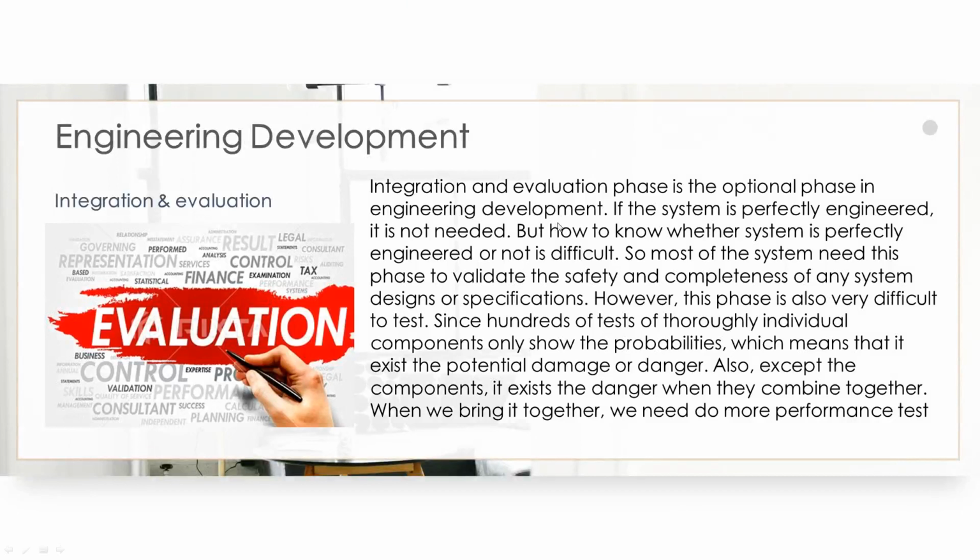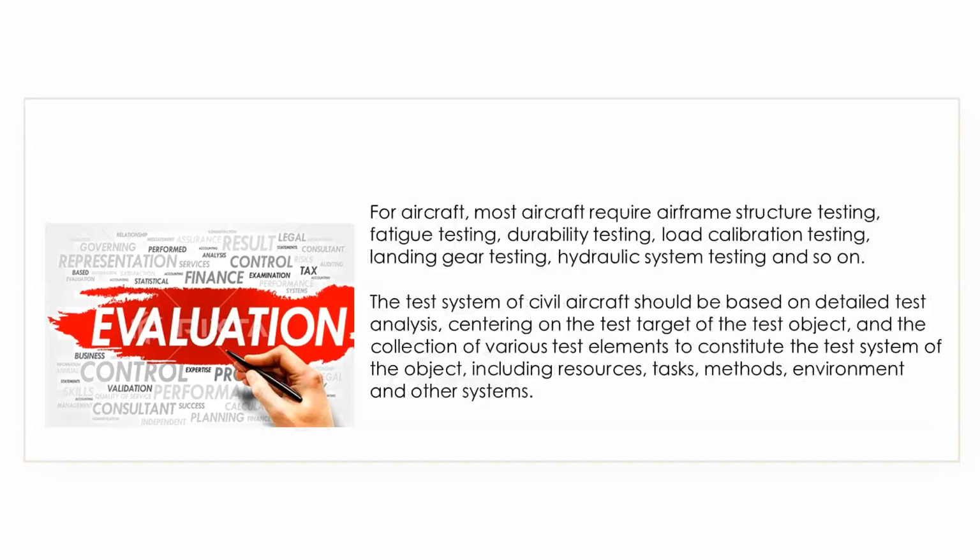individual components only show the probabilities, which means that it exists a potential damage or danger. Also, except the components, it exists the danger when they combine together. When we bring it together, we need to do more performance tests.